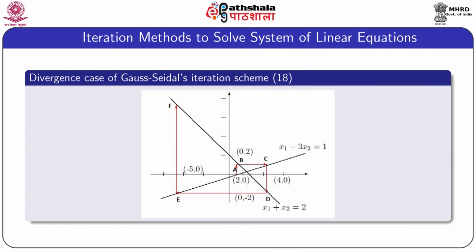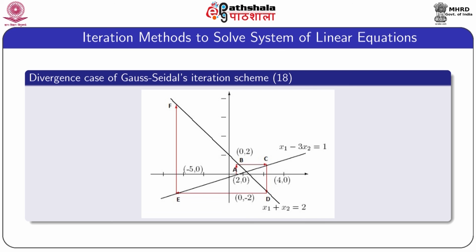Whereas the divergence case of the Gauss-Seidel iteration scheme, that means scheme 18, is shown in this figure. The iteration scheme starts from the point A, whose coordinate is (1, 0), and goes to the first equation at the point B, then it moves to the second equation at the point C, then it comes to the first equation at the point D, and from D to E and to F. So, see that the iteration scheme gradually diverges to infinity.